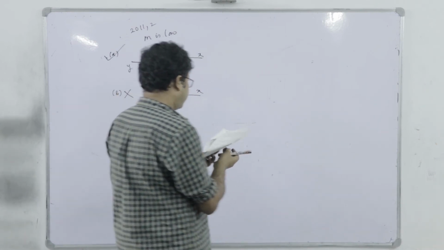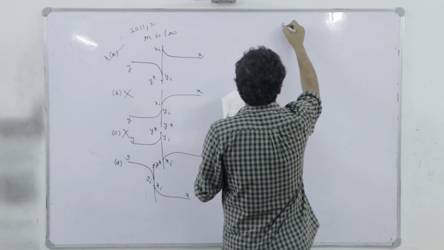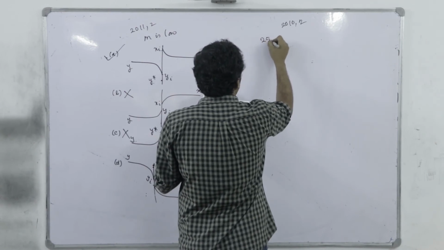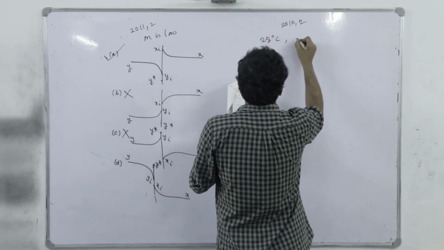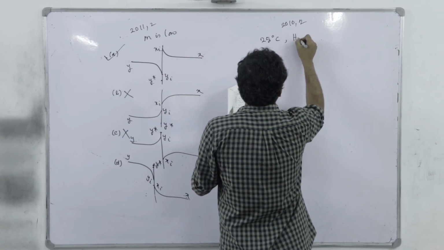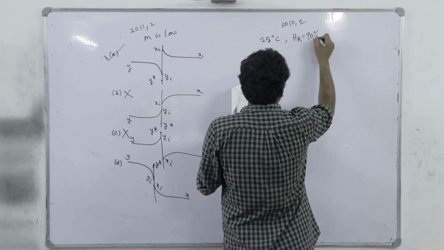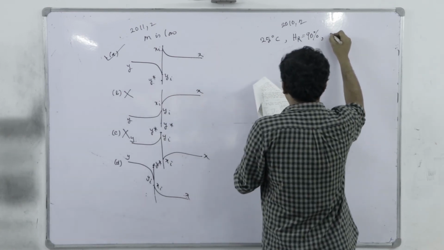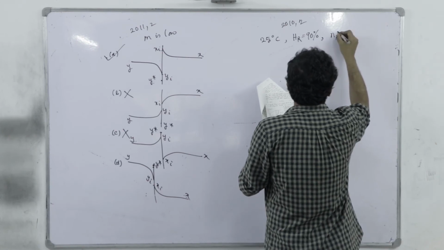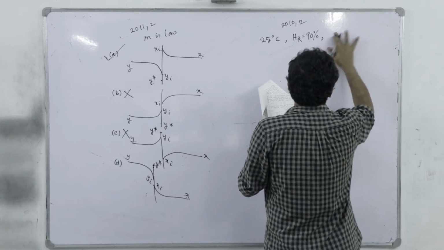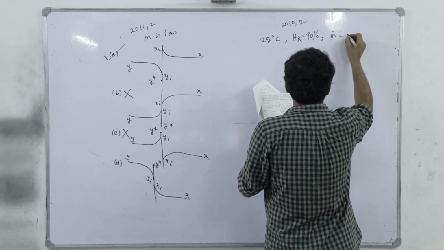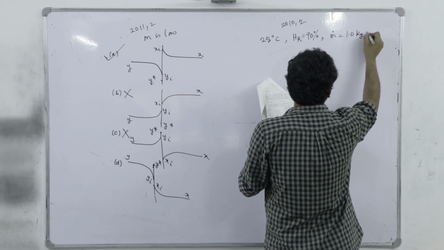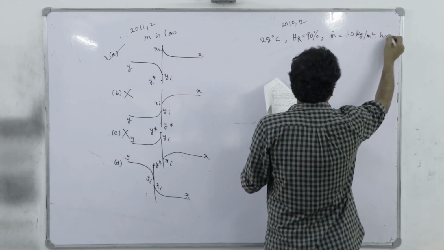So next question. This is a 2010, 2 marks problem. At 25 degrees Celsius and relative humidity of 90%, water evaporates from the surface of a lake at a rate of, this is m dot, 1 kg per meter square per hour.